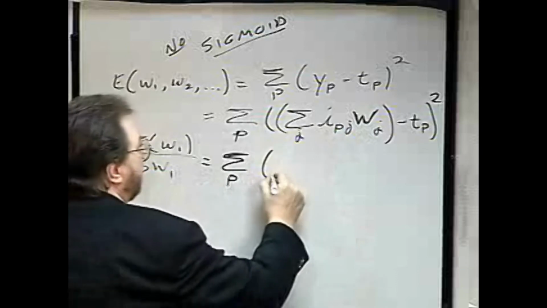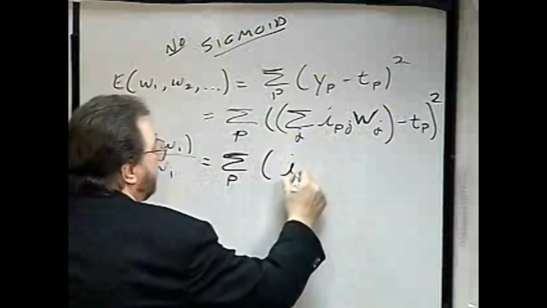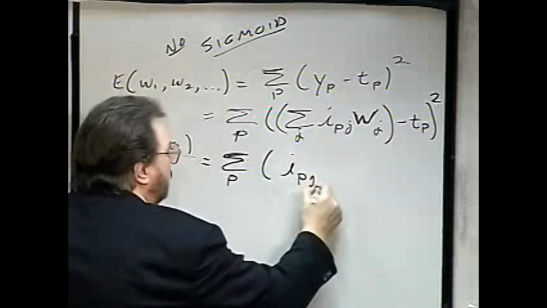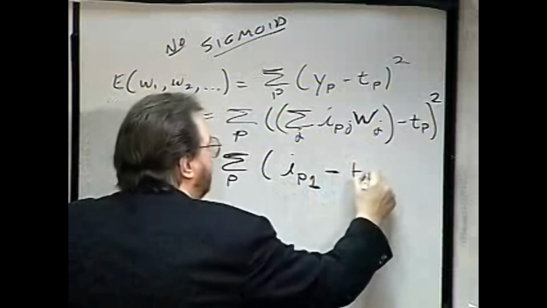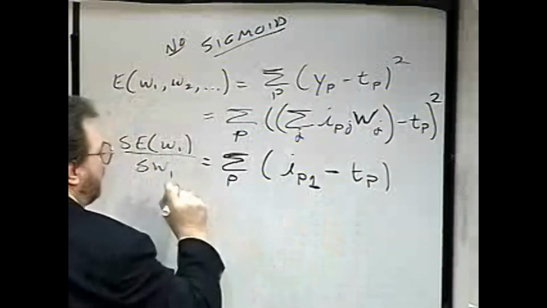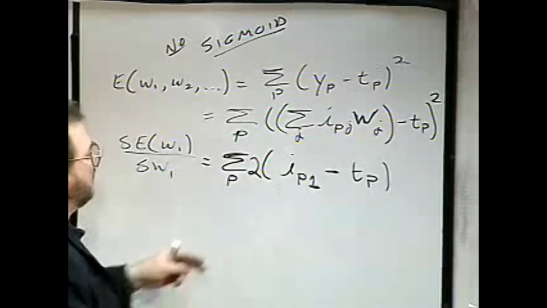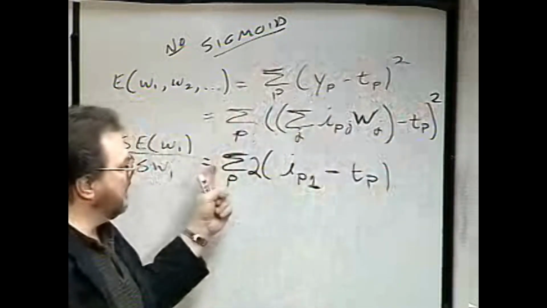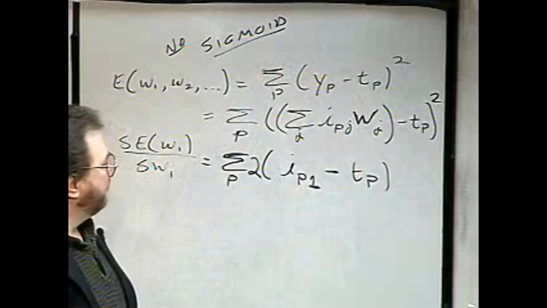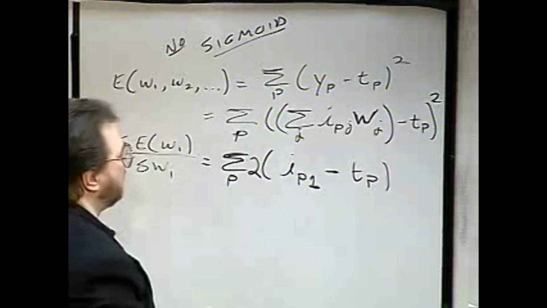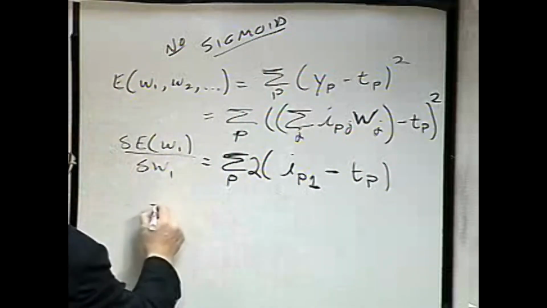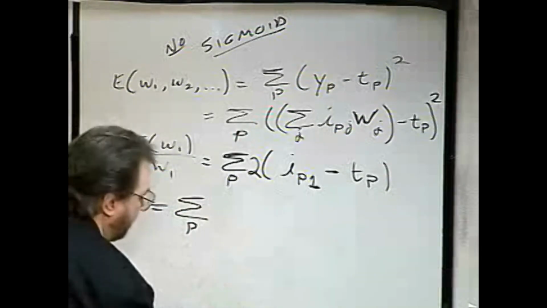So we're left with I sub p1 times y sub p minus t sub p, and we get two of those because we're differentiating this. Let me do this a little more carefully.